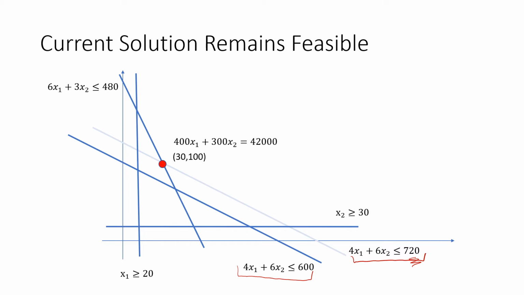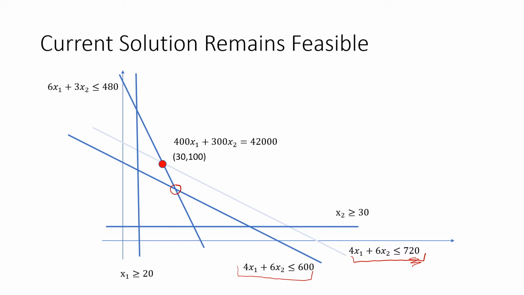But if you think about what the optimal line was on here, your optimal point is still going to be right there. It's still going to be the intersection of those two lines, which means that to get here, we did a pivot to move from one corner to a second corner, then to a third corner. You're going to be doing the exact same two pivots to get to this point.